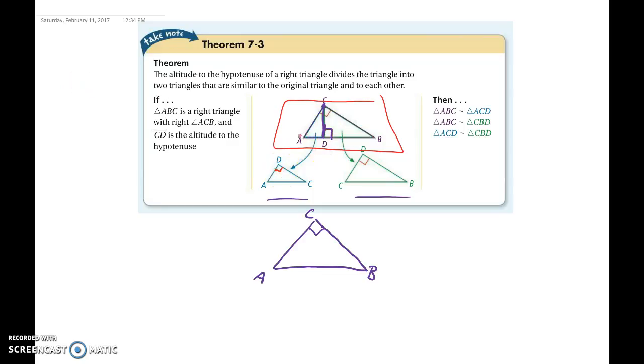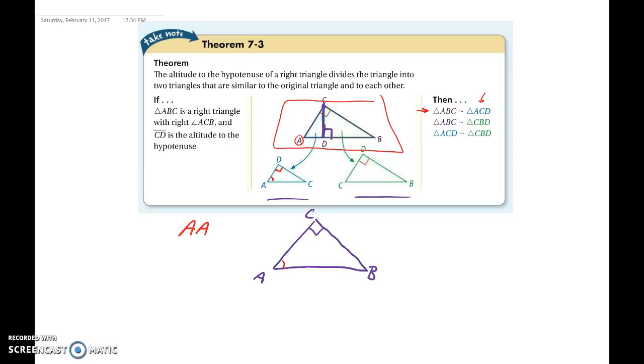Both of those triangles share angle A, so we know that these two angles are congruent. So based on angle-angle similarity, we're able to say that triangle ABC is similar to triangle ACD, because they both share the angle A and they both have a right angle, so they have to be similar.